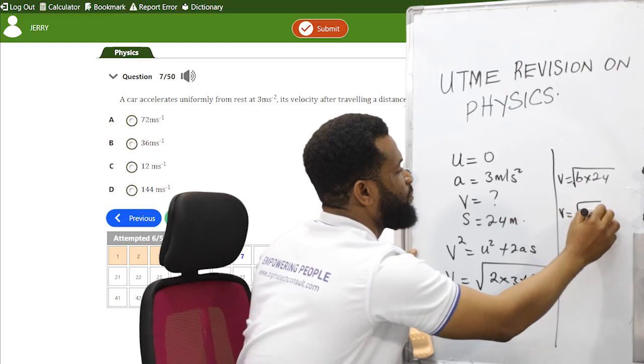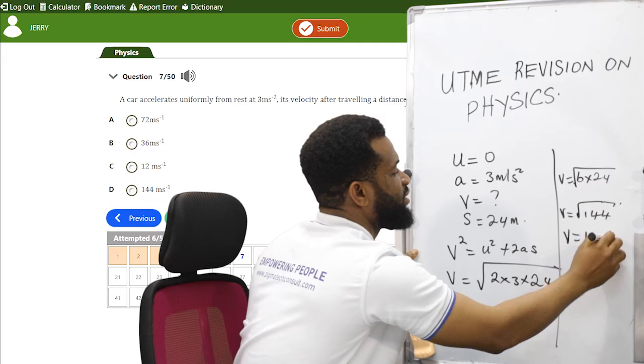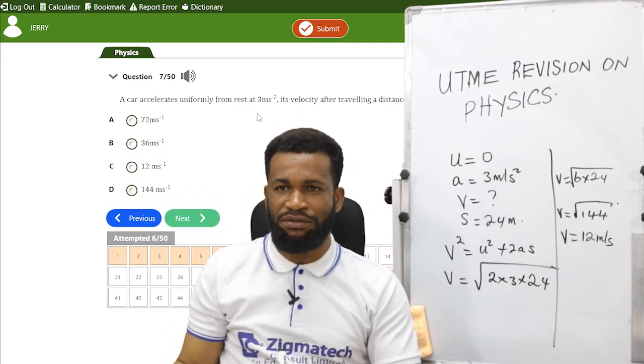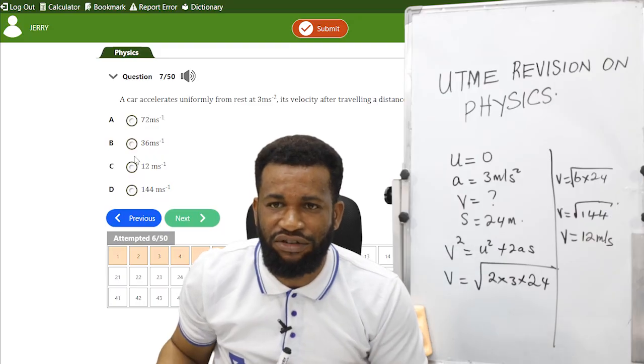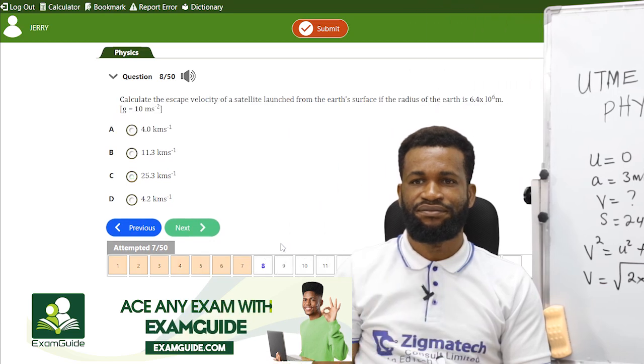So the square root of 144, v is going to be 12 meters per second. So a car accelerates uniformly from rest, not 72. So 12 meters per second is option C.